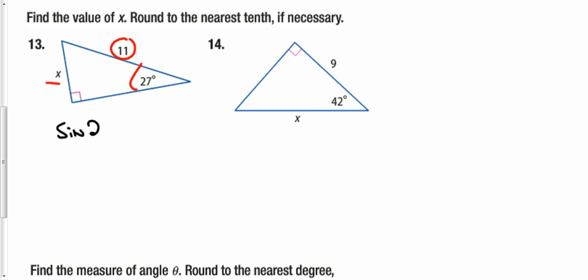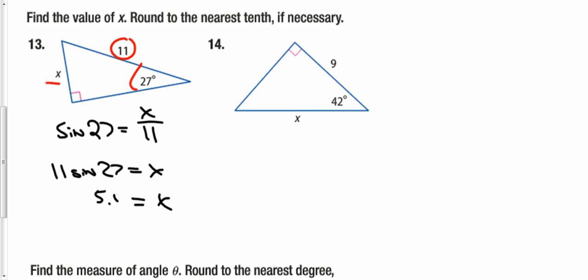So the sine of 27 is going to be equal to x over the hypotenuse, 11. Multiply both sides by 11. And so we have 11 sine 27 is equal to x, which, worked out on your calculator, is about 5.0.